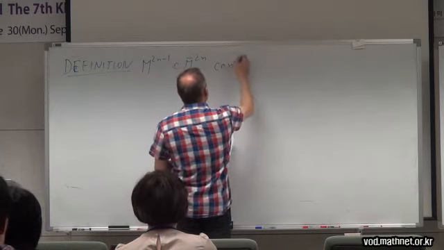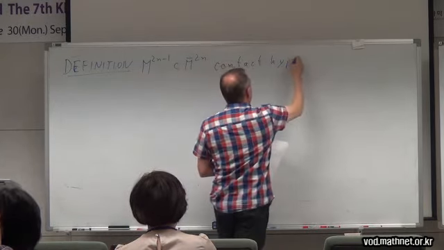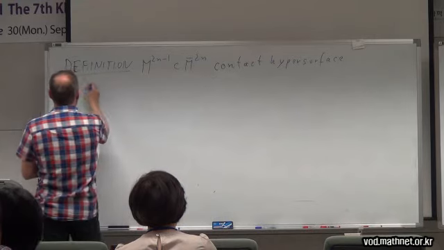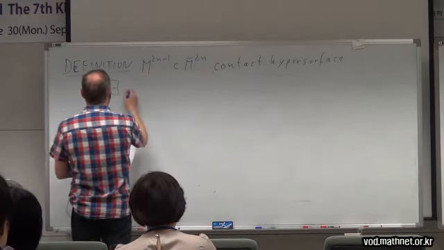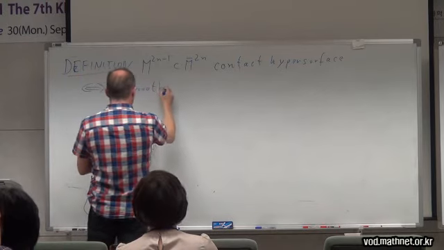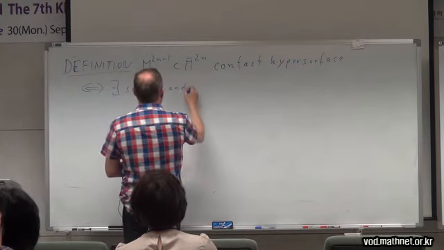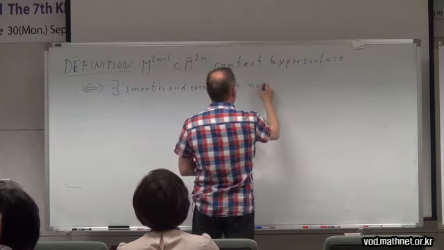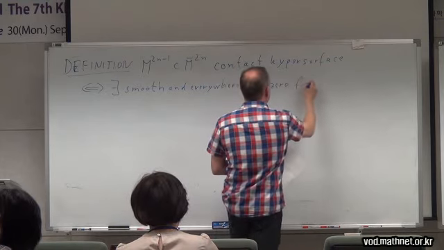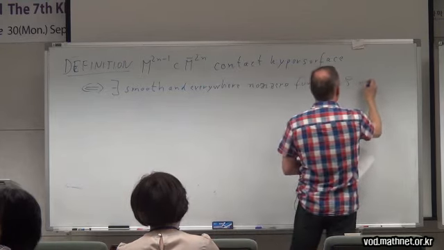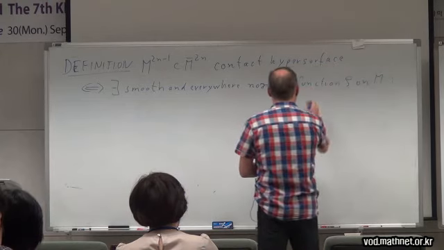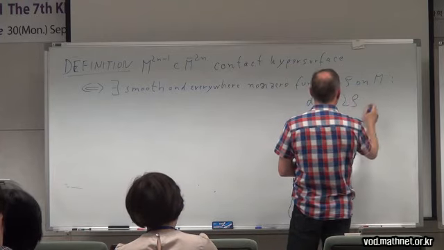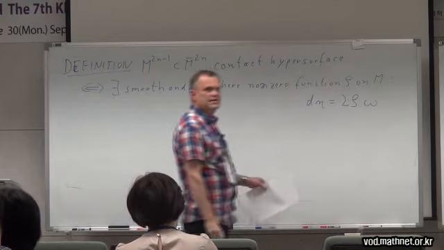It's called a contact hypersurface precisely if there exists a smooth and everywhere non-zero function rho on M such that d eta is equal to, for technical reasons, 2 times rho times omega, where omega is the fundamental 2-form.